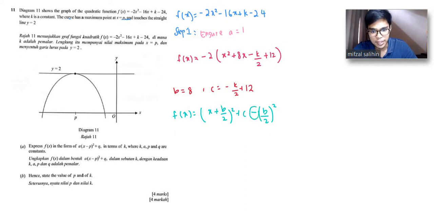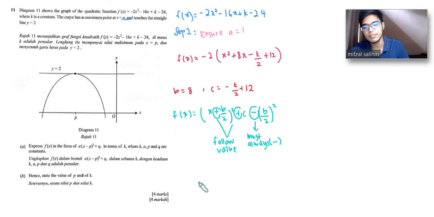This one over here must always be negative. Alright, so what we have to do right now is just substitute the values of b and c into this formula, since we have made a equivalent to 1.